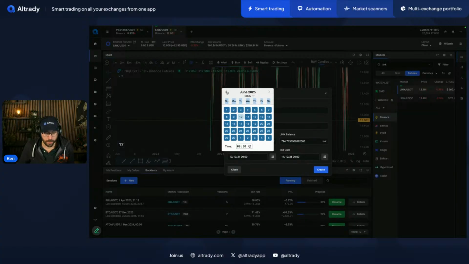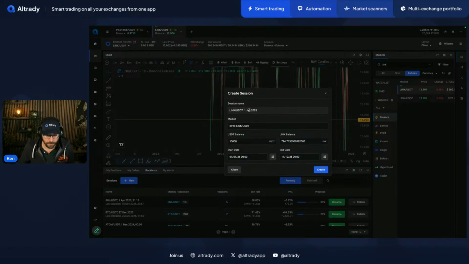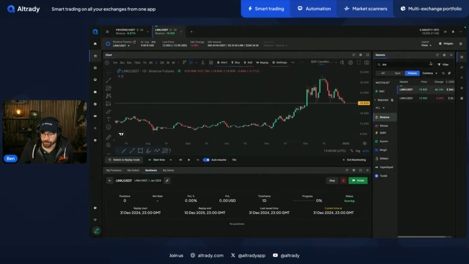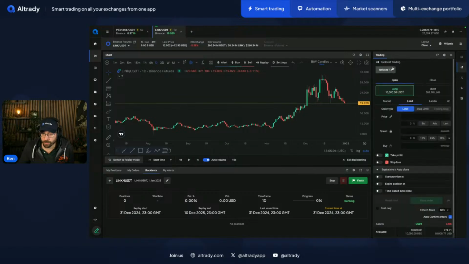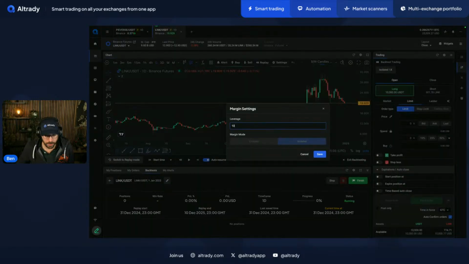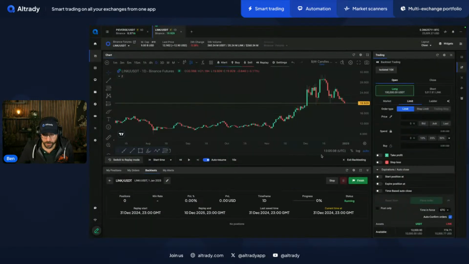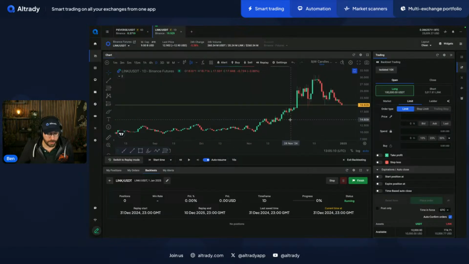Should have done that the other way around. Oh well. January 1st. There we go. 10,000 USDT. Sounds good. All right, let's head over to the trade form. Set this one to 10 so we have some funds. Right. Okie dokie.